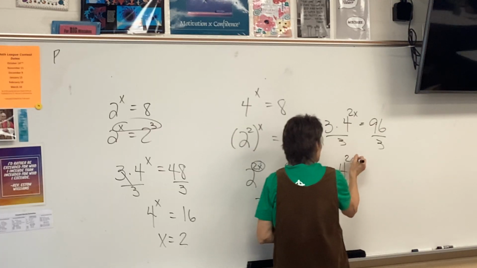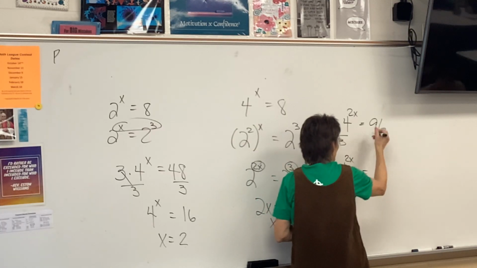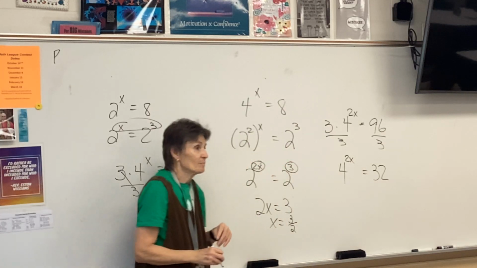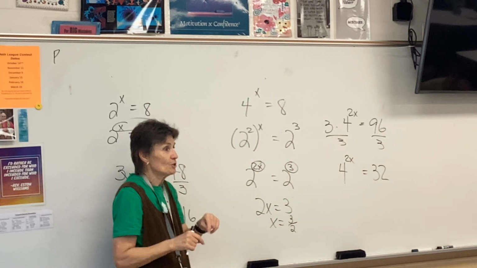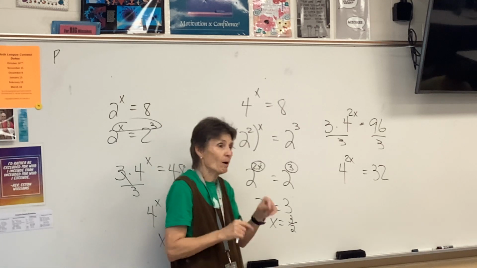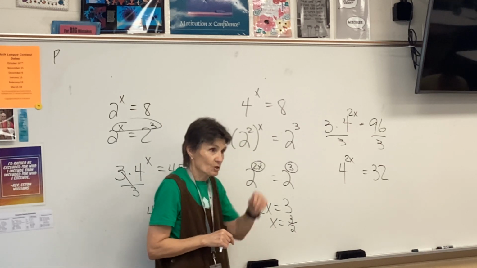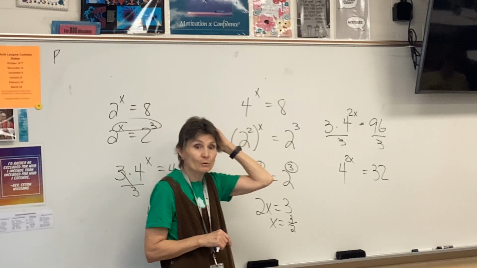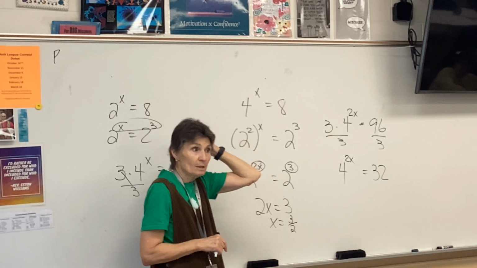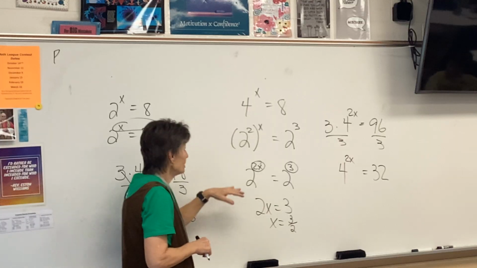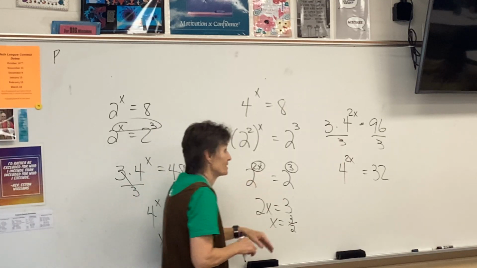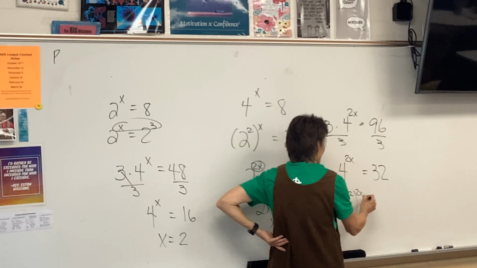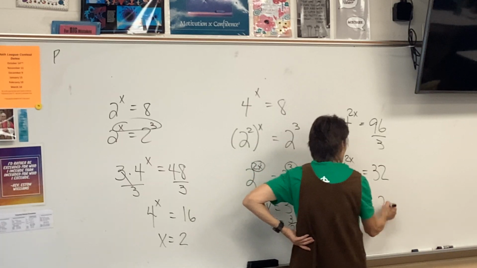So 4 to the 2x equals 32. 32 is not a power of 4. So we're gonna have to change them both into powers of 2. The whole idea is to get the bases to be the same. So 2 squared to the 2x equals 2 to the 5th.